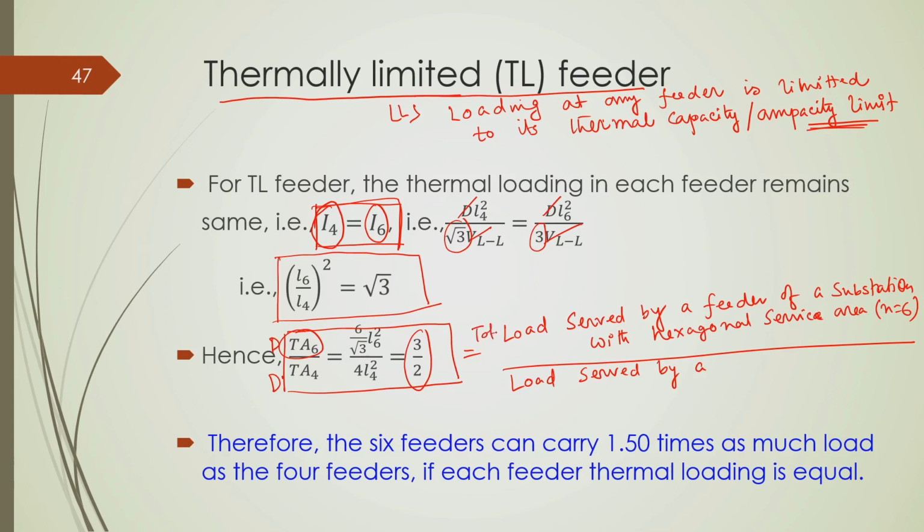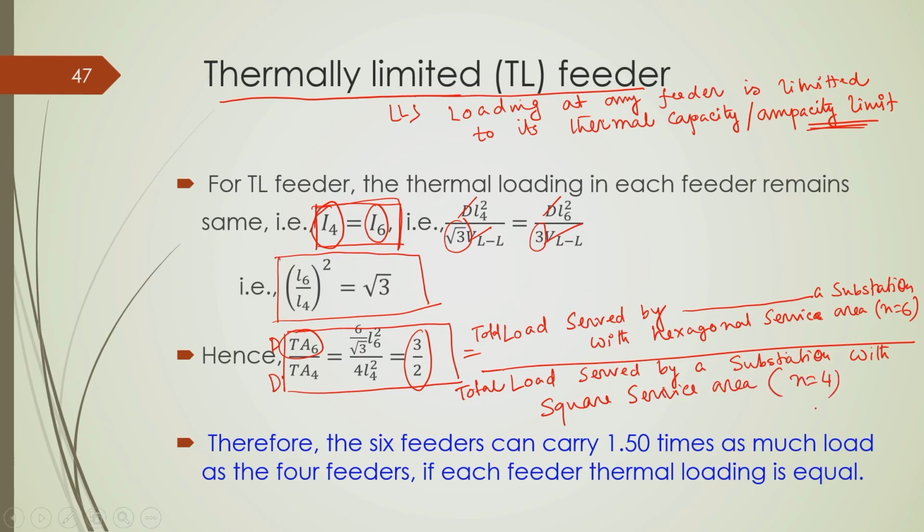This will be the total load served by a substation with hexagonal service area, that is n equal to 6, to the total load served by a substation with square service area, that is n equal to 4.